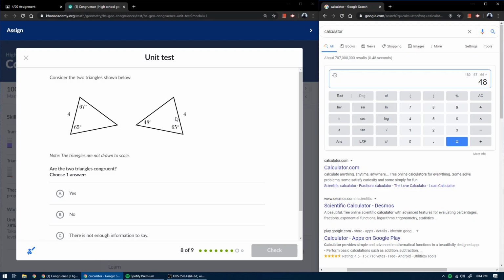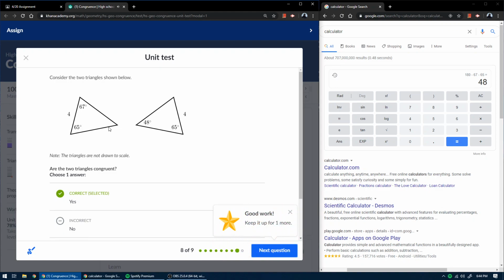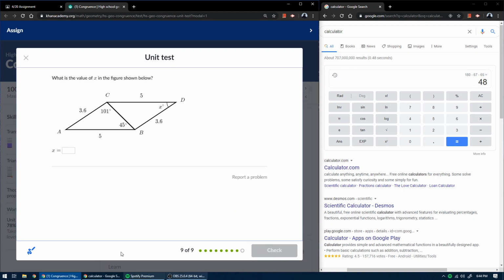Well, yeah, right? 4 and 4. I think you can use AAS here. They are congruent. 48, 65, they're similar triangles, they're the same shape, and they both have this side being 4, therefore they're also the same size.